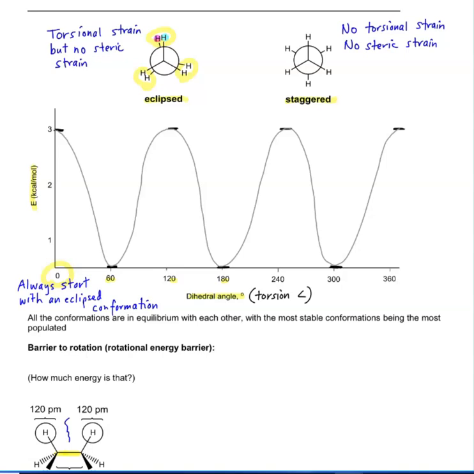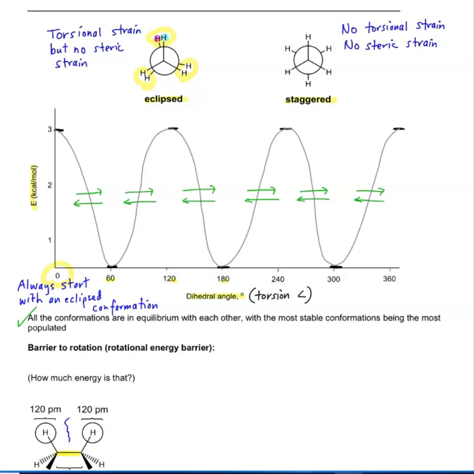Now for any set of conformations around a particular carbon-carbon bond, we should note that all the conformations are in equilibrium with each other. And then as it says here, the most stable conformations are the most populated.